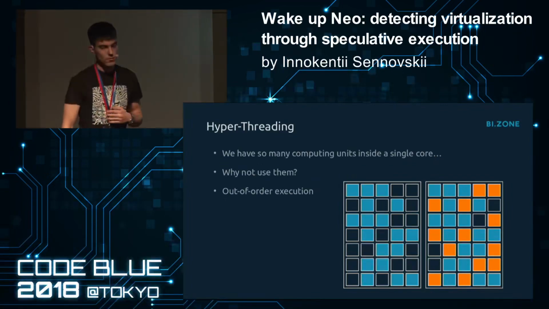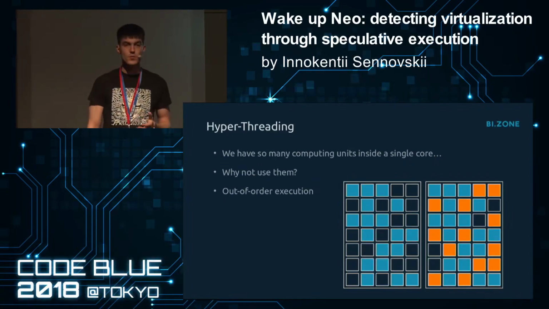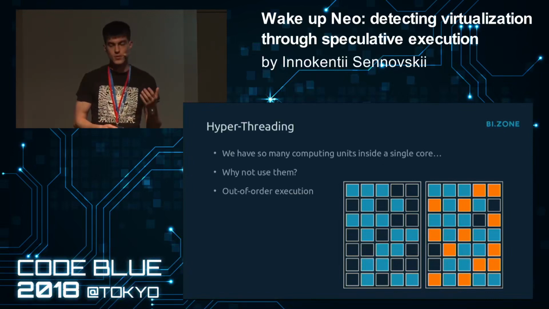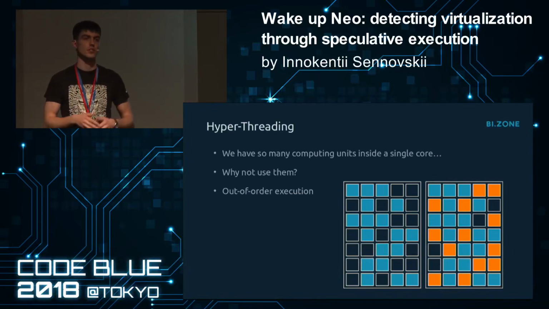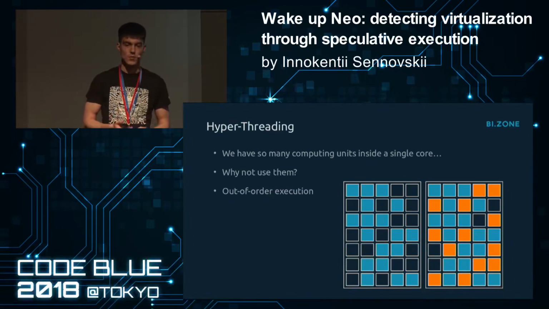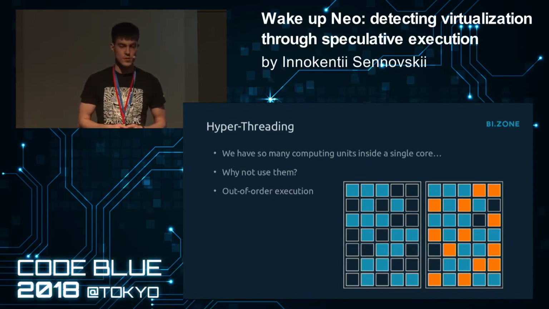One of the features with modern CPUs is that there are many different computing units. You have, as I previously said, single instruction, multiple data effects. You have floating point units. You have the general register operations, which are used to compute different tasks.